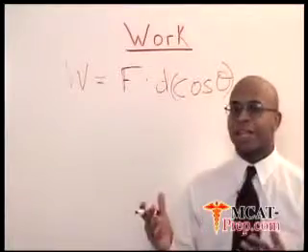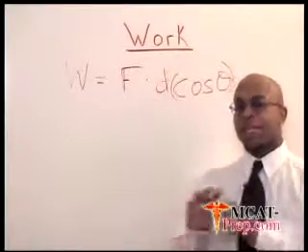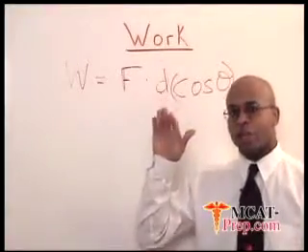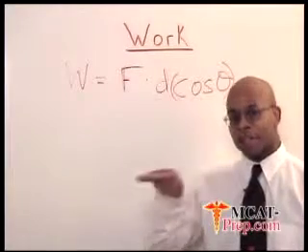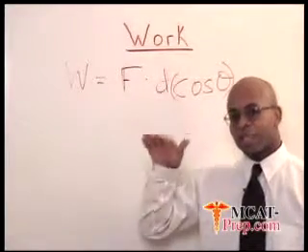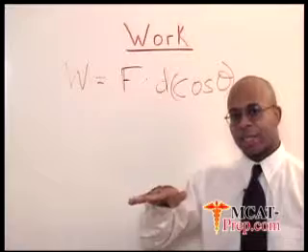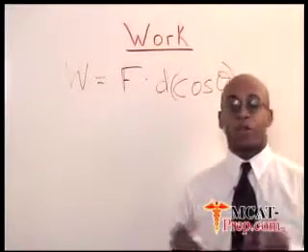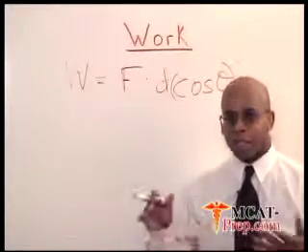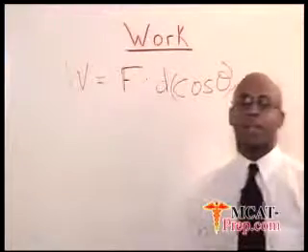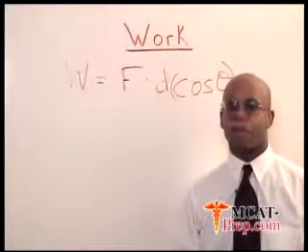The cosine theta takes into account that if the force is occurring at a different angle than the displacement, then you have to take the adjacent side in order to resolve the force into its component, which is in accordance with the displacement or distance.